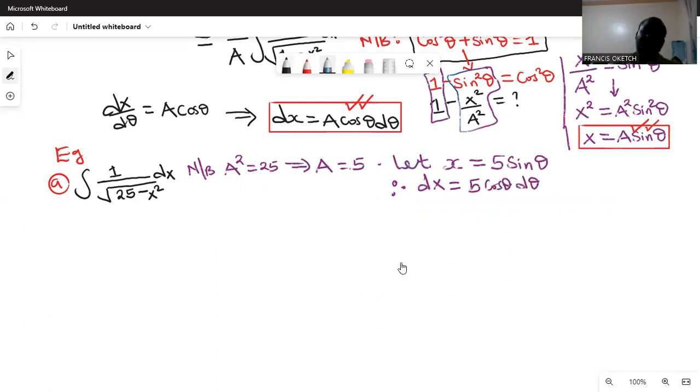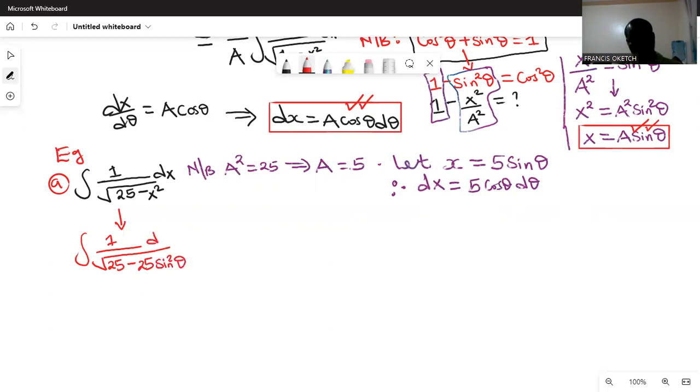So if we go back to our integral and substitute these two, let's see what you're going to get. This will now give us the integral of 1 over the square root of 25 minus x squared. Remember, x is 5 sine theta, so when you square that, you get 25 sine squared theta.